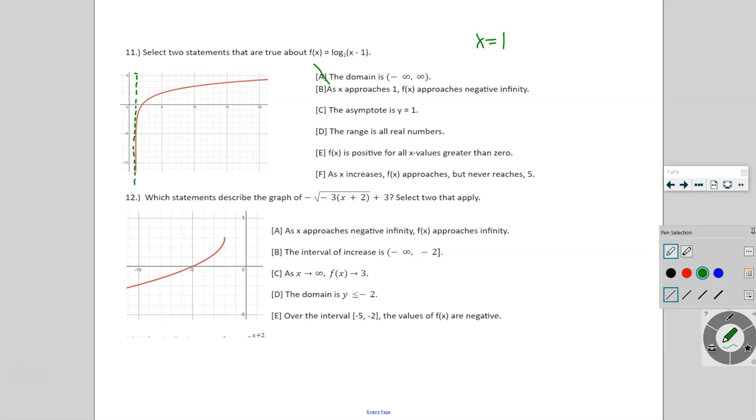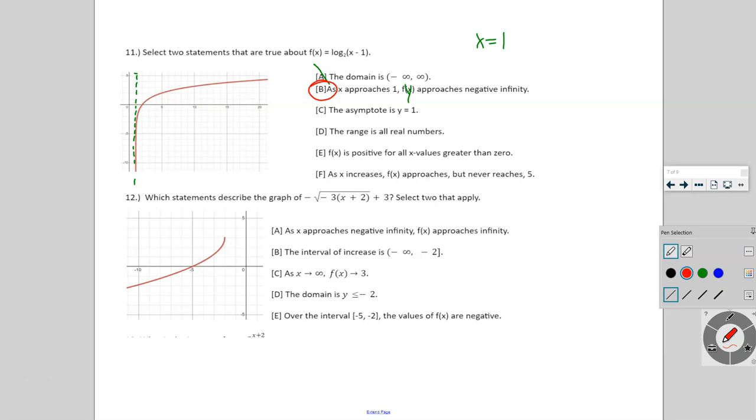Now, B: as x approaches 1, f of x, which is my function, approaches negative infinity. So let's see. As x approaches 1, we're going this way, approaching 1, and my function travels toward negative infinity. That is correct.